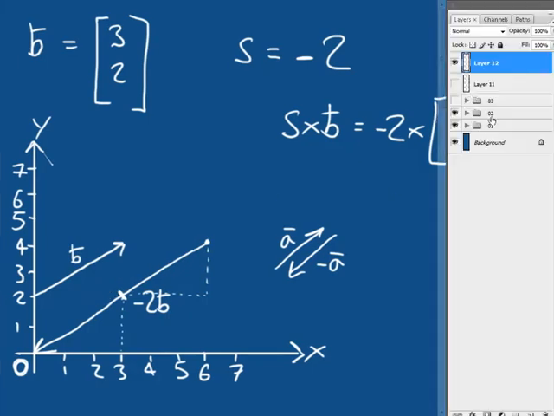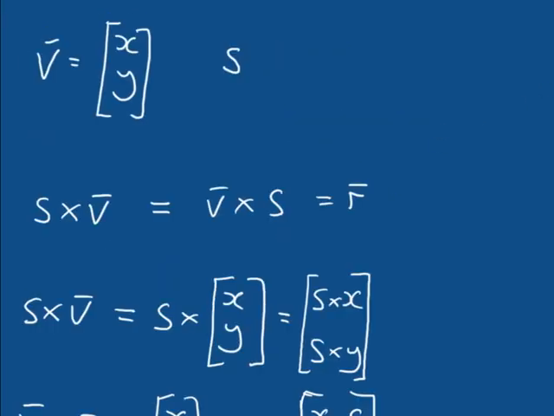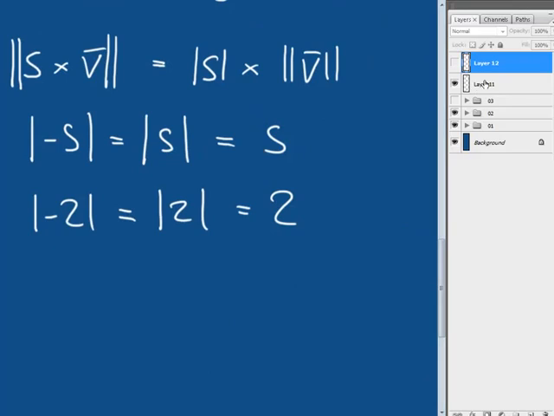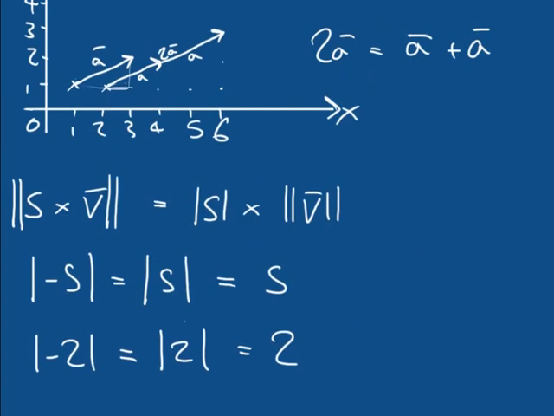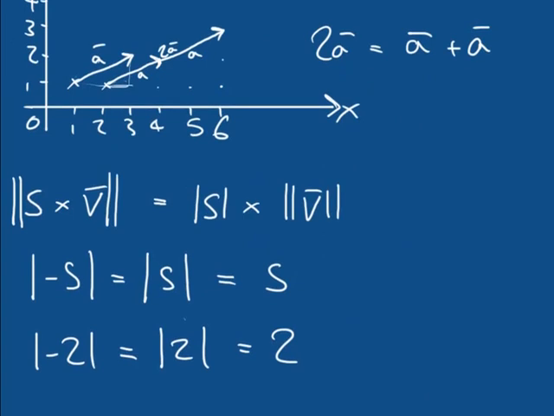So this comes back to why I wanted to take the absolute value of our scalar. That's because you saw when we had a -2 as our scale factor, the length wasn't scaled by -2, it wasn't a negative length, it's still a positive length, it was twice as long.